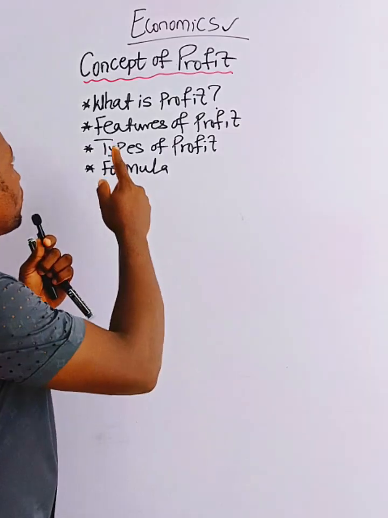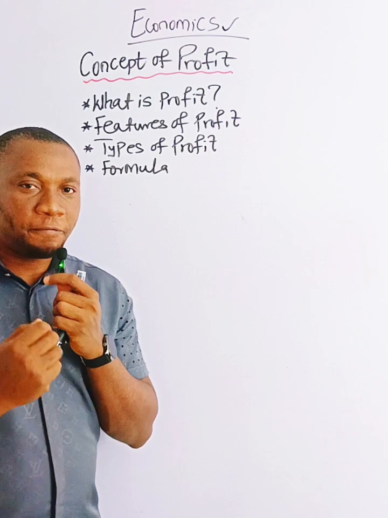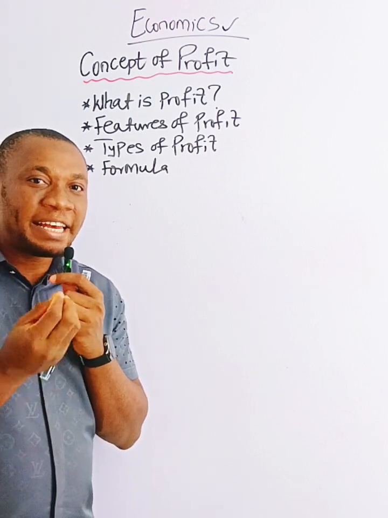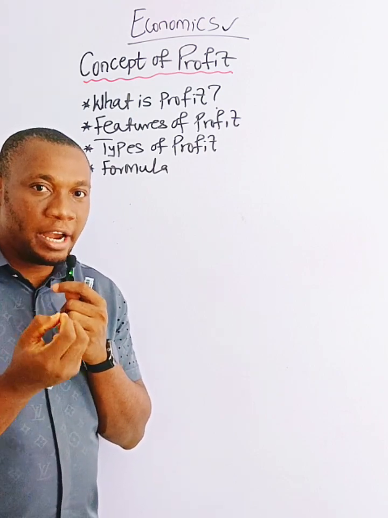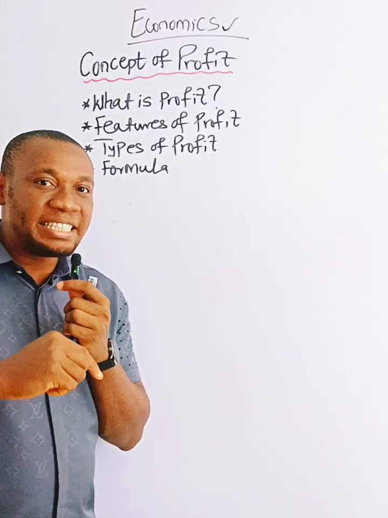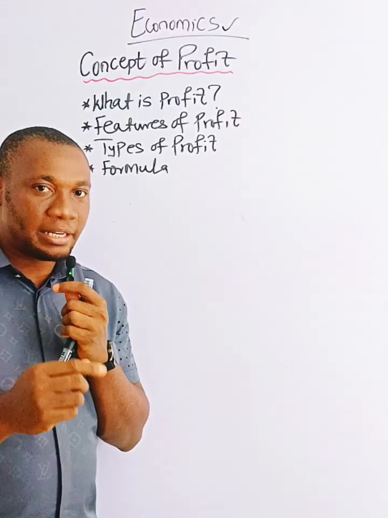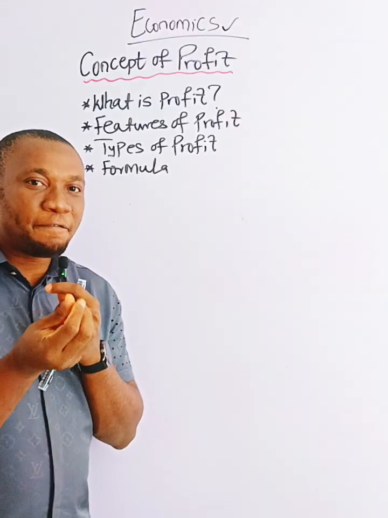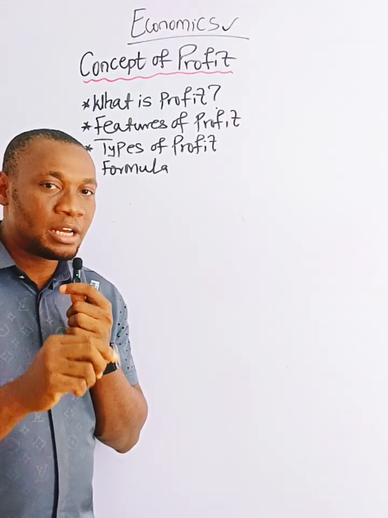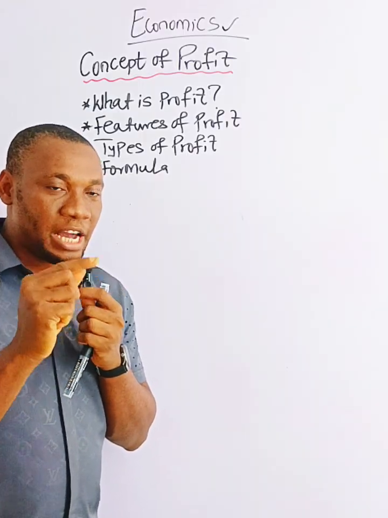All right. What is profit? Now, profit is a financial gain earned when the total revenue exceeds the total cost. I will take that again. Profit is the financial gain earned when the total revenue exceeds the total cost.